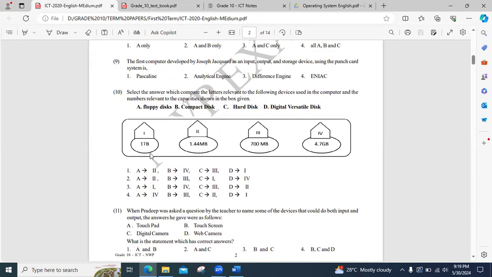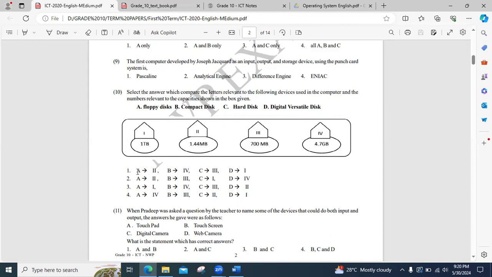So definitely you know 1 TB is a hard disk. Now we have to see A floppy disk. Floppy disk is a very small amount of space. So A should be 2. So the answer should be either 1 or 2.